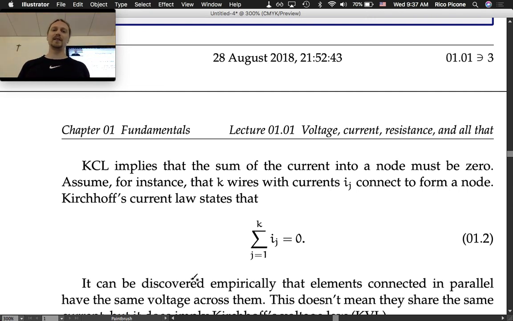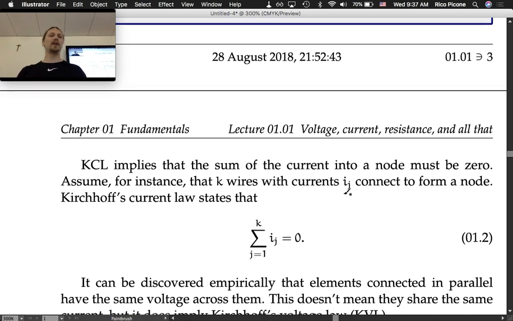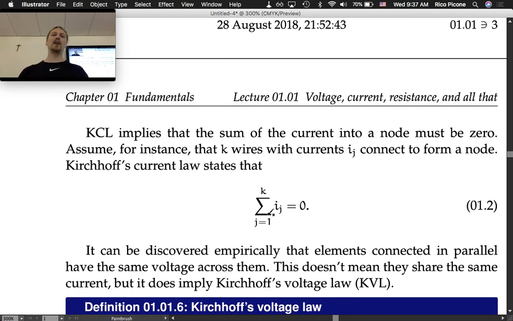Assume, for instance, that K wires with currents I_J connect to form a node. I'm using J here as an index. So K wires, they each have their own current. They connect to form a node. Kirchhoff's current law states that the sum of those currents into the node is equal to 0.